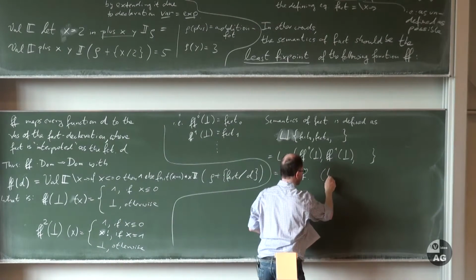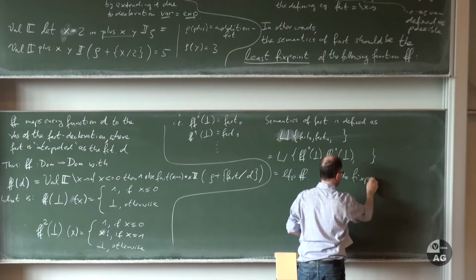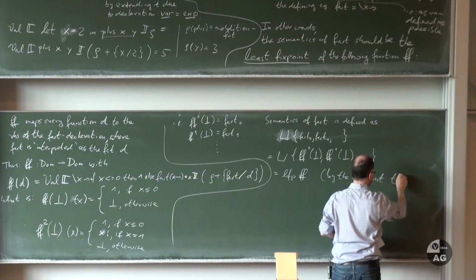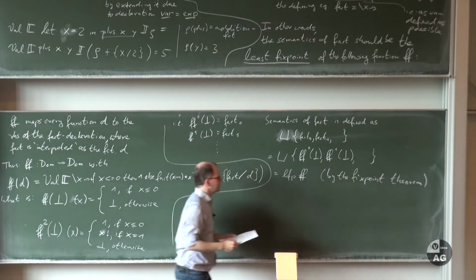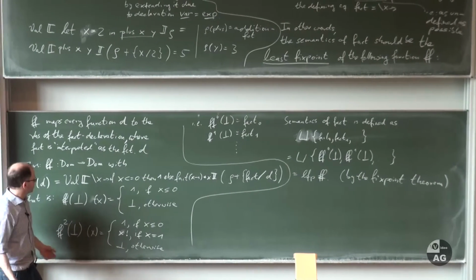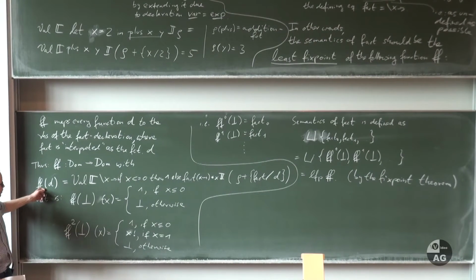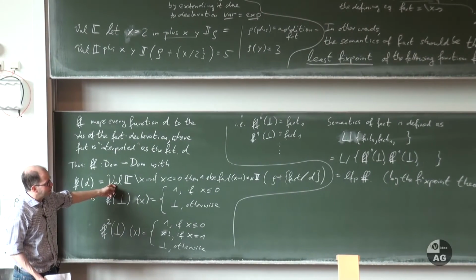So by the fixed point theorem, the semantics of factorial will be the smallest, will be the function as undefined as possible, which is a fixed point of this. So if we insert the right factorial function here, then we will get the right factorial function back as a result.